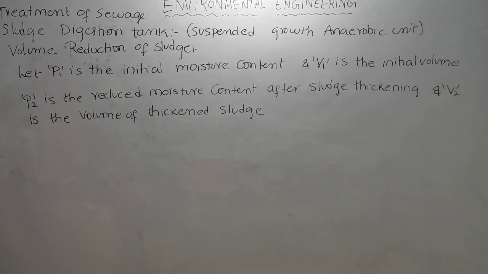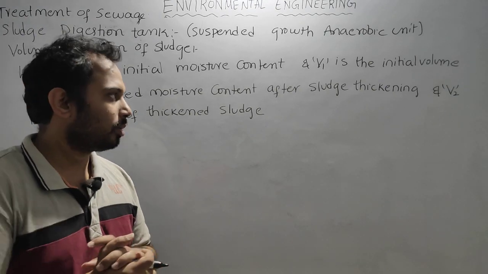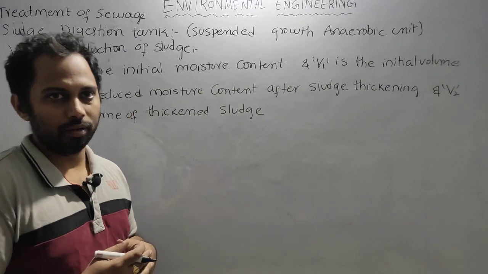Now the concentration of the solids in the sludge: when we send some concentration of solids into the sludge thickener, the thickener will not reduce the concentration of the solids, but it will reduce the moisture content.